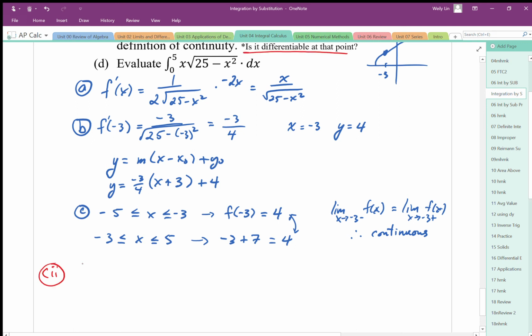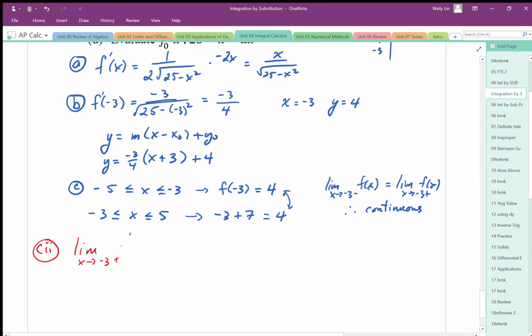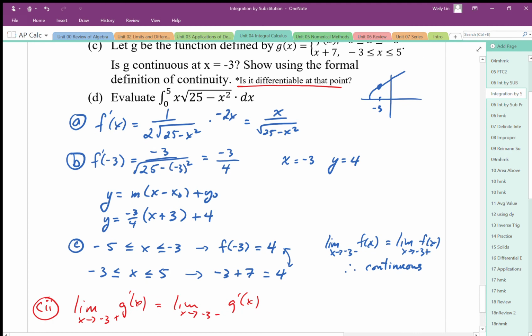We need to test to see if the limit as x goes to negative 3 from the positive side of f prime, oops, sorry, it's g prime, isn't it? We have to call that g prime of x, is equal to the limit as x goes to negative 3 from the negative side of g prime of x. The g prime of x from the negative side is going to be the semicircle portion.